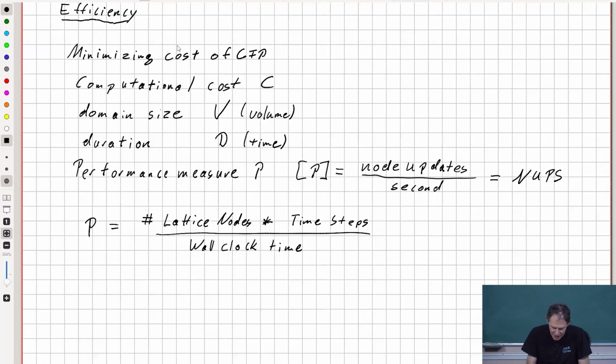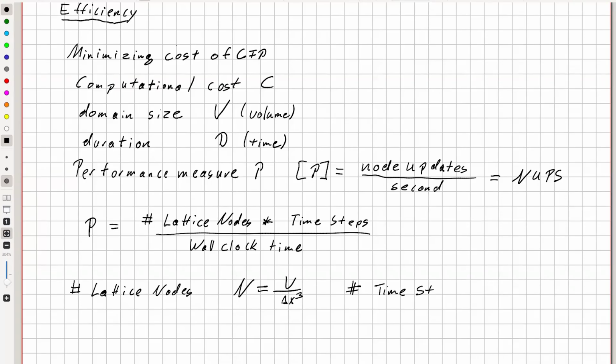So the number of lattice nodes, as we talk about volume here, we call N, and this is of course the volume divided by the grid spacing cubed. The number of time steps, T, is the duration of the simulation divided by delta t.